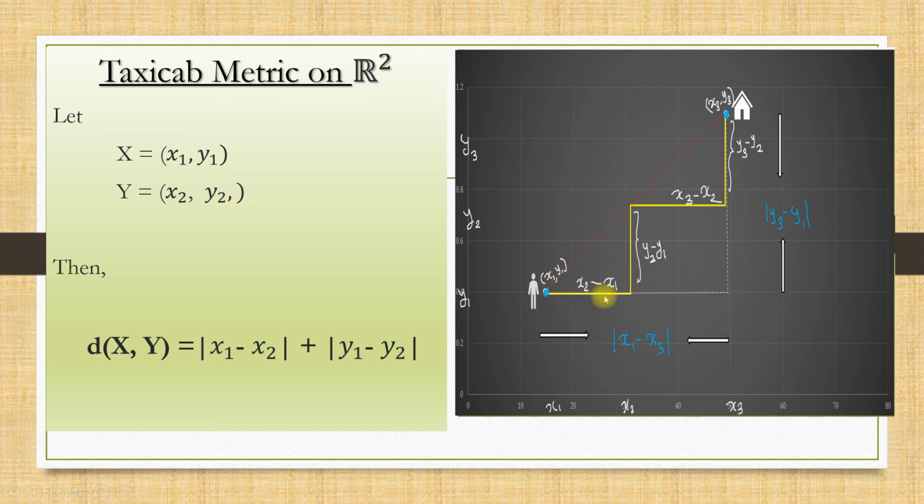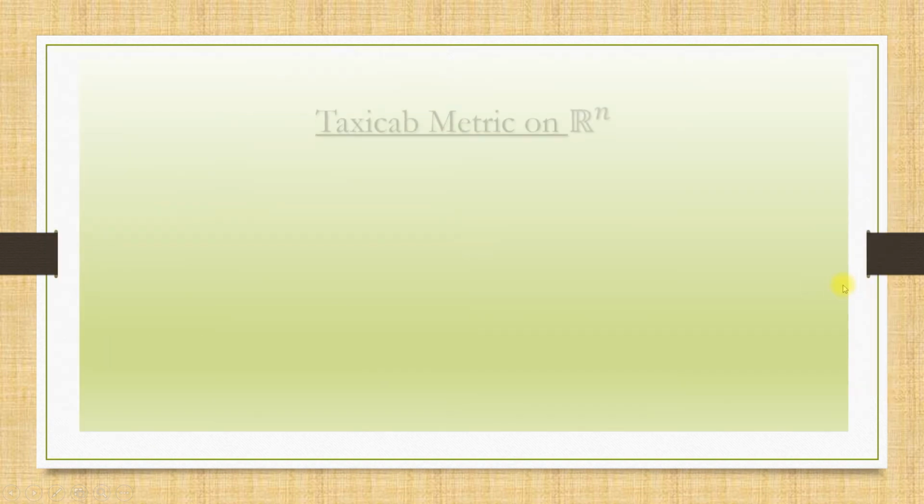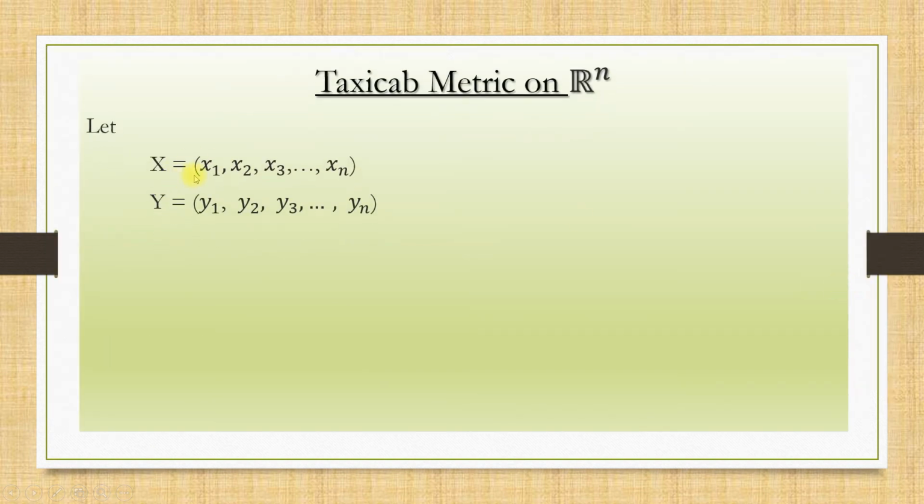That is, we add the horizontal and vertical components. This is called the Taxicab metric on R2. Now we will generalize the Taxicab metric on Rn. So let x equal the ordered n-tuple (x1, x2, x3, etc., xn), and y equal the ordered n-tuple (y1, y2, y3, etc., yn). Then d(x,y) equals the summation i equal to 1 to n of the absolute value of xi minus yi. This is the Taxicab metric on Rn.